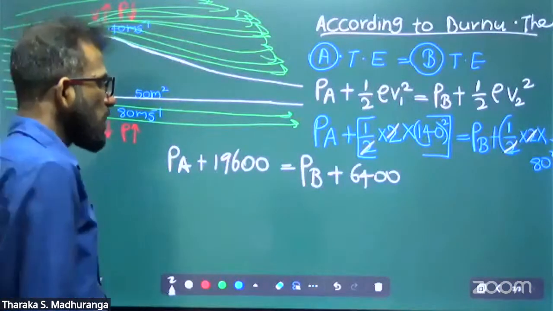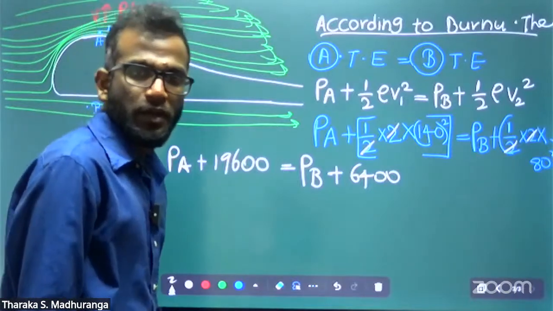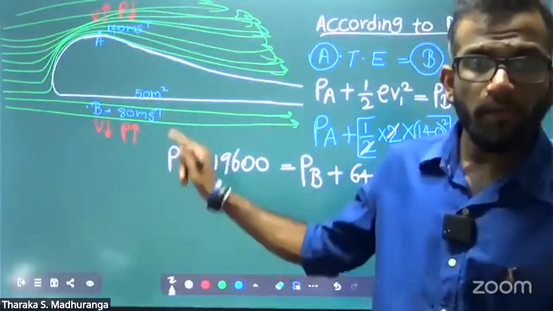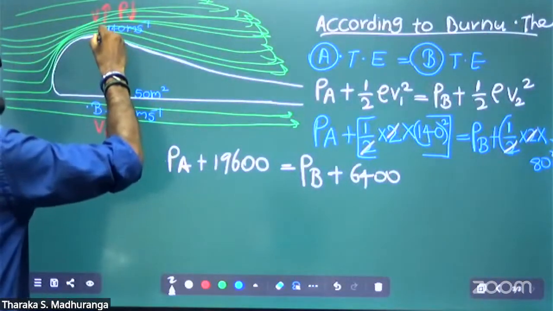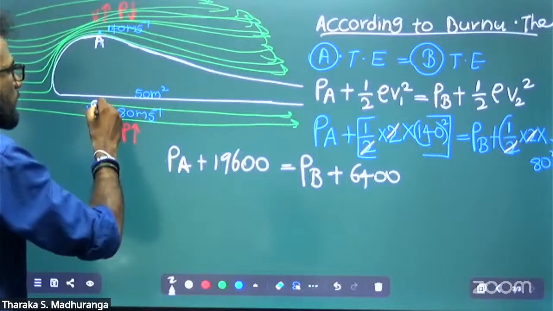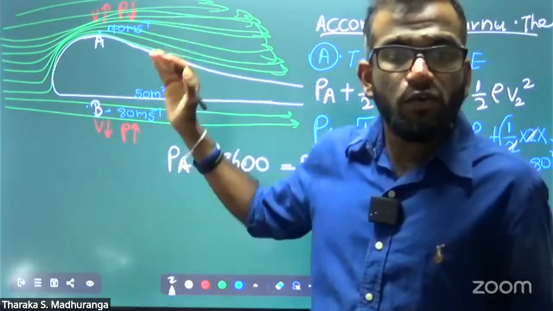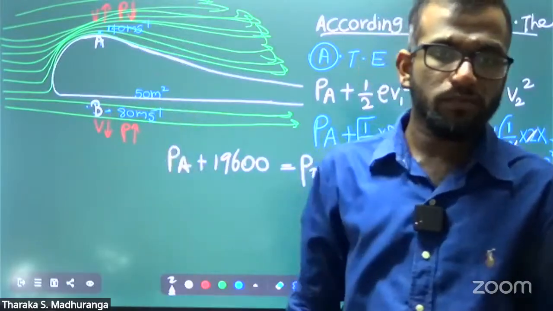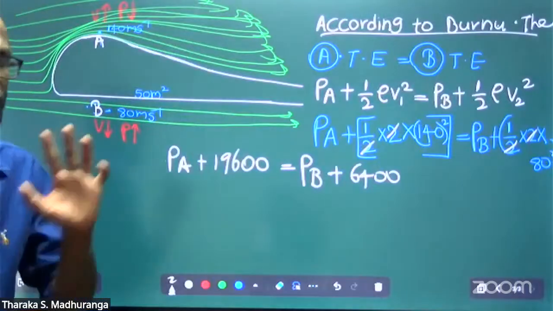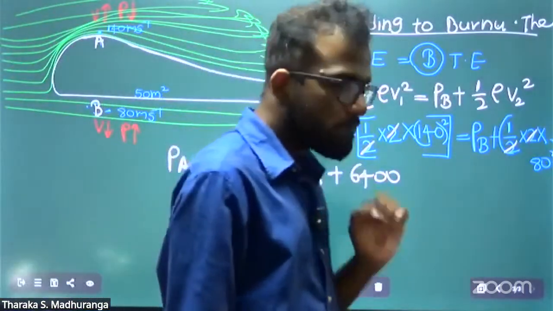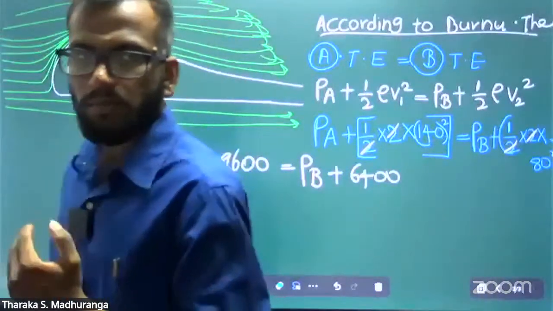Now what to do? Now tell me, PA means upper side pressure, this is A point. PB means lower side pressure. Now tell me, A pressure or B pressure is the higher value? You have to think according to Bernoulli's theorem. A pressure or B pressure is the higher value? Tell me all quickly.